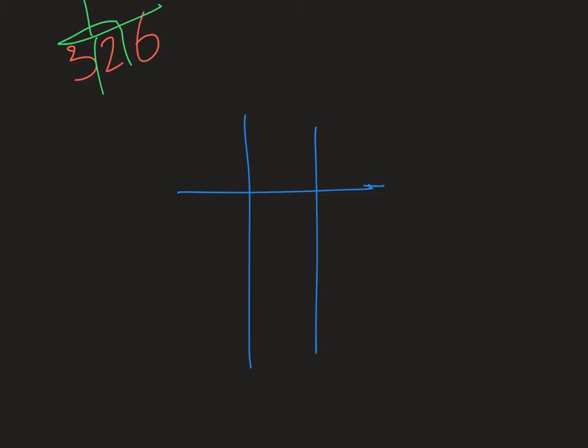So in our ones place, in our tens place, and our hundreds place, we're going to look at each of the corresponding numbers. How many ones do we have in 326? 6, right. So we can go 1, 2, 3, 4, 5, 6. 6 ones.